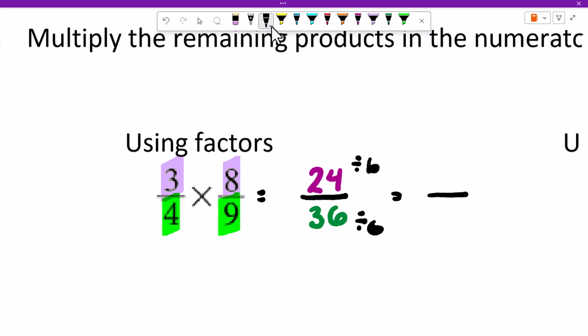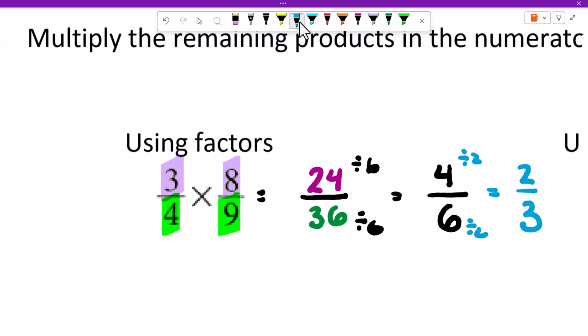And 6 fits into 24 4 times and 6 fits into 36 6 times. Can you make it littler? And you can make it smaller, because sometimes when you divide, it may take more than one step. So there's still even numbers, so we can divide by 2 and make it a little bit smaller. And then you can divide by 1. Dividing by 1 does not change the numbers. So that is the most simplified you can get.